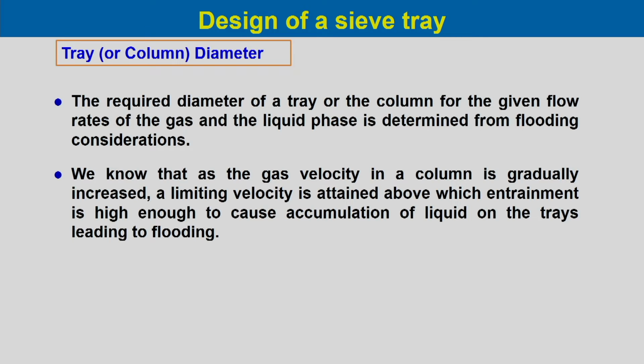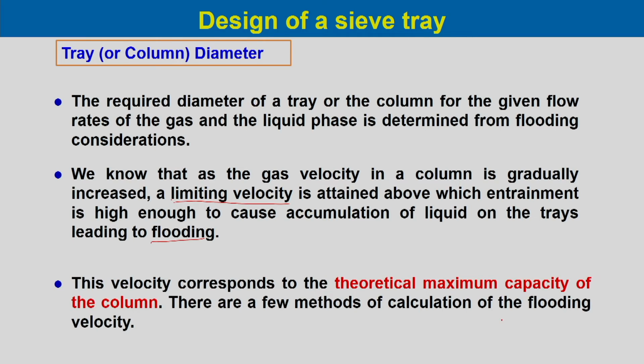After a certain velocity, which we call the limiting velocity, under such circumstances the column will flood. That limiting velocity corresponds to the theoretical maximum capacity of the column. There are a few methods of calculation of the flooding velocity.